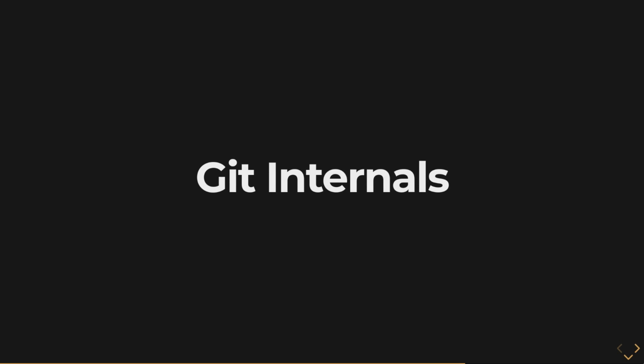Today, we've arrived at the topic of Git internals. So, Git internals, this topic will cover how Git works on the inside. The main data structures, because there's more than one, but luckily there's very few of them that we need to know about.